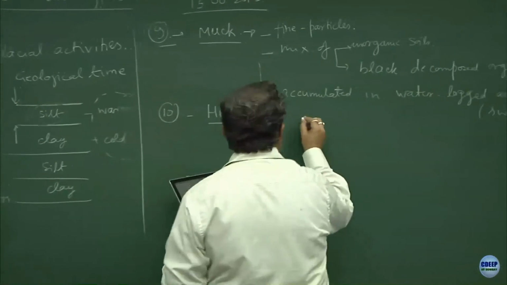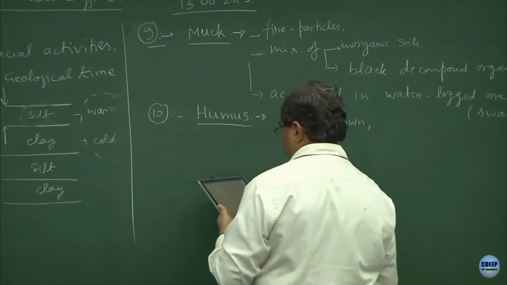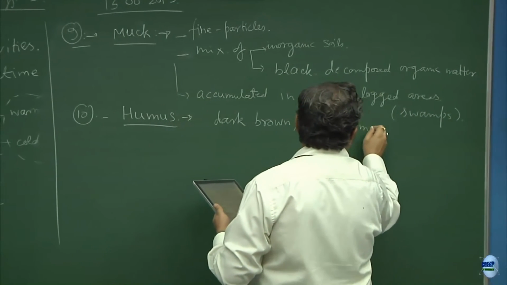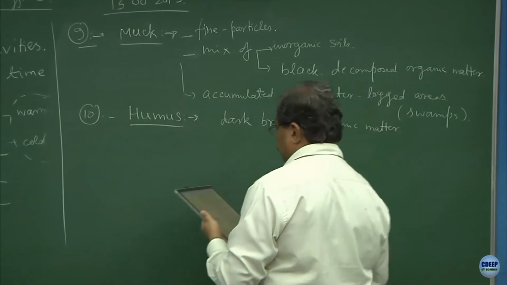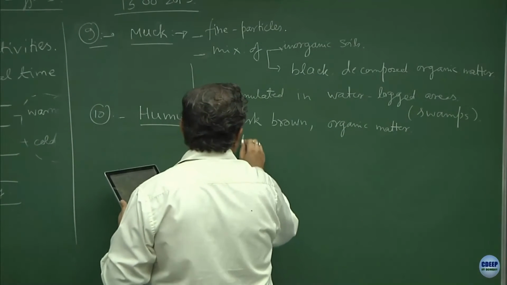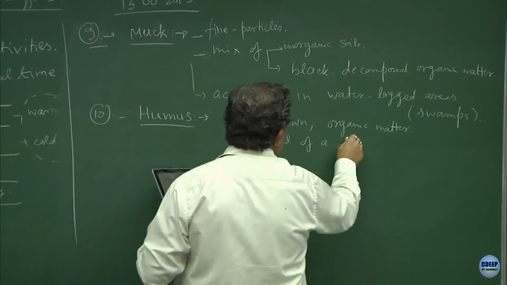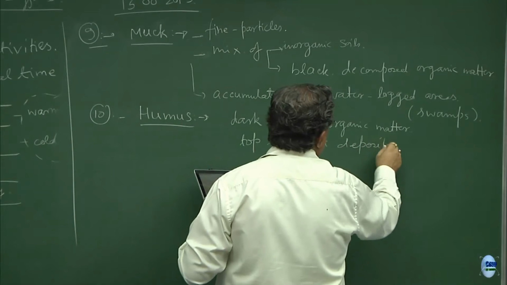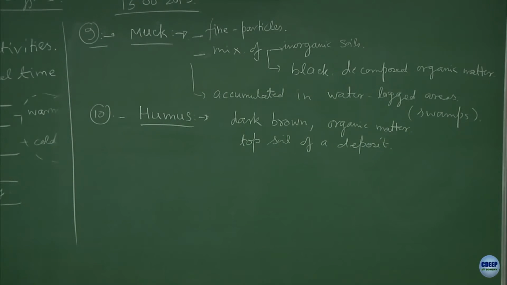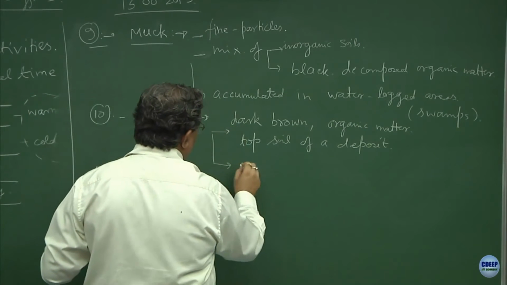These are mostly dark brown organic matter, and this is normally the top soil of a deposit. One of the characteristics of this material is that it would have partially decomposed vegetation in it.